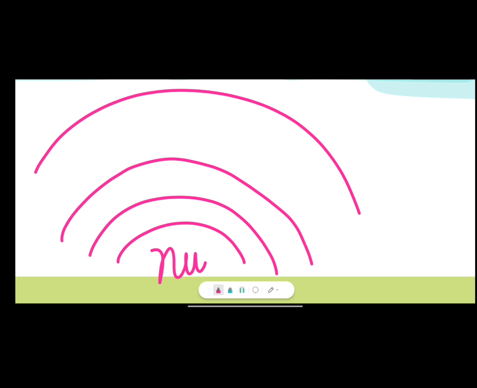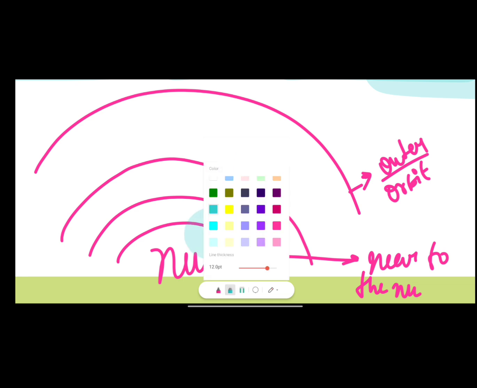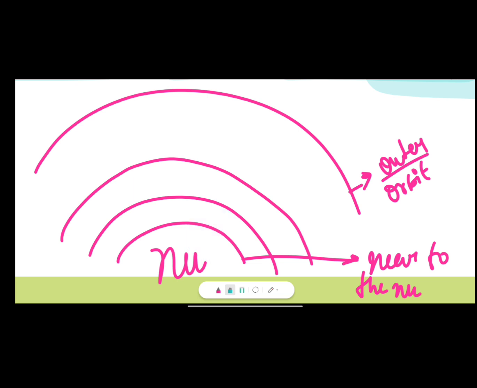This is the outer orbit, and this is near to the nucleus. Now consider some electrons are there, some electrons over here, here.